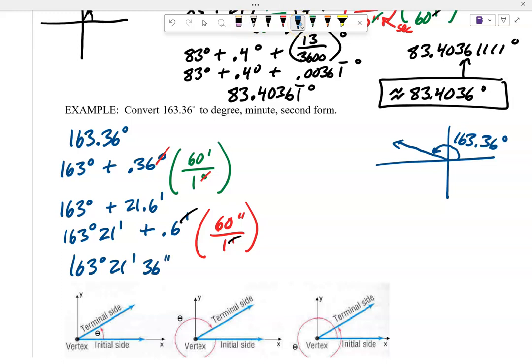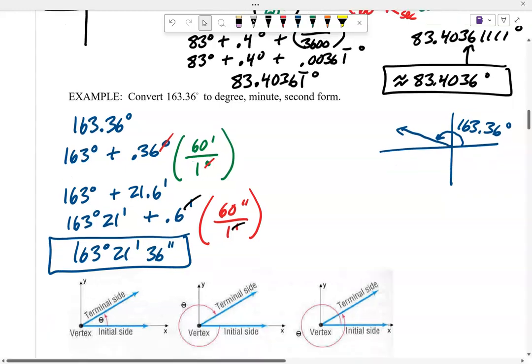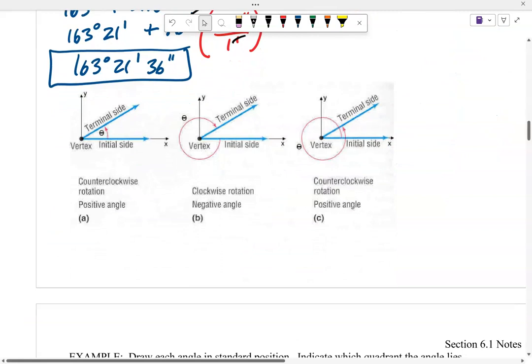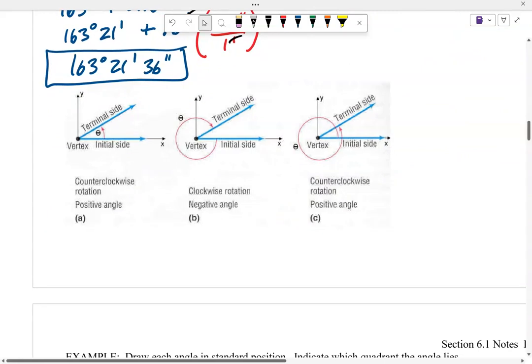So 163 degrees, 21 minutes, 36 seconds. That's the same thing as 163.36 degrees.